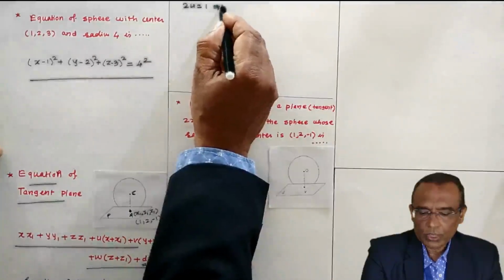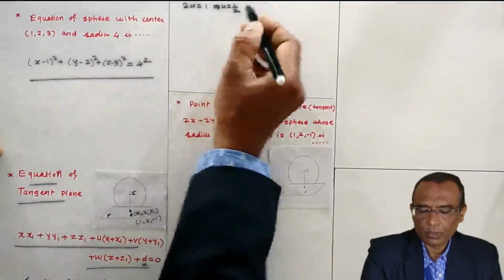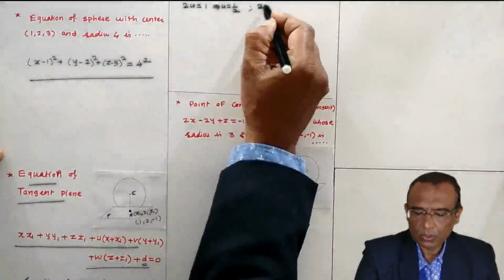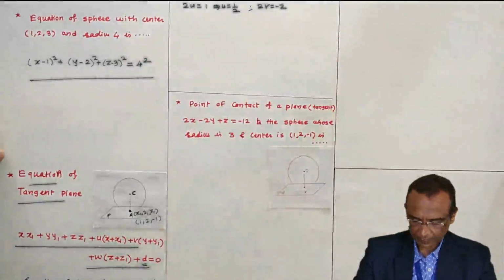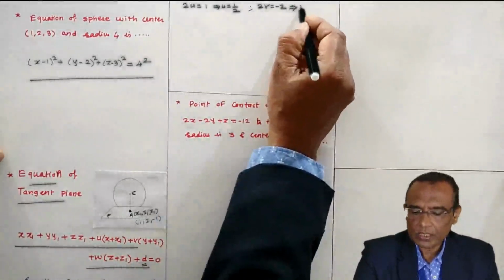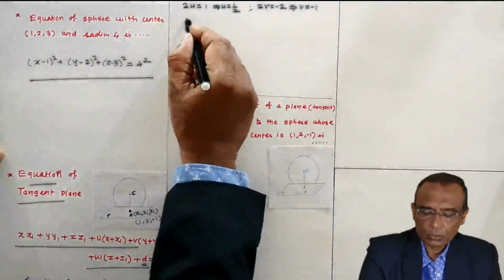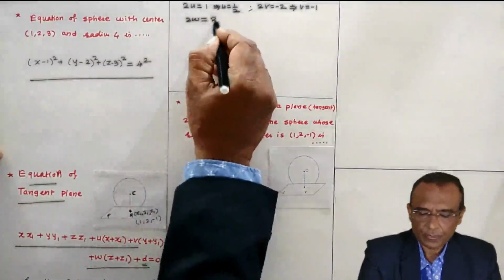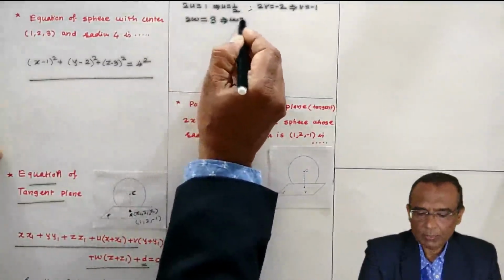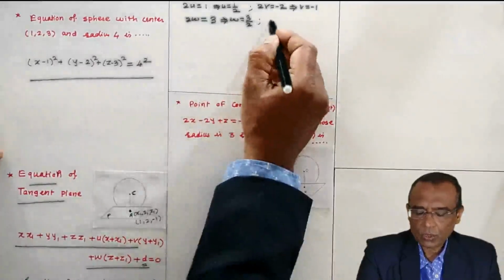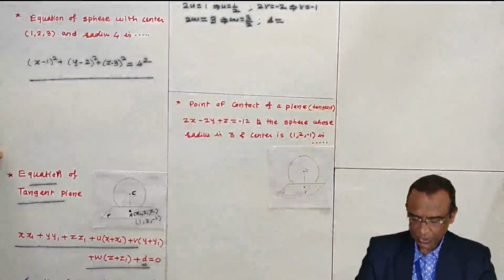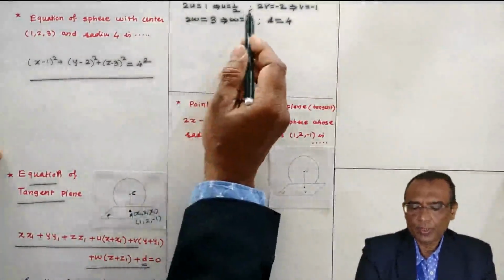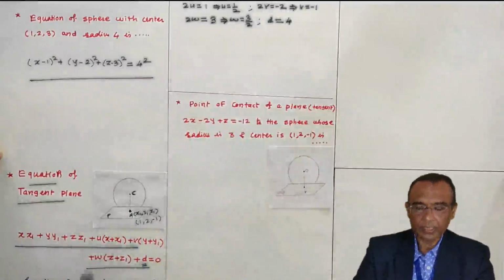Therefore, u is 1 by 2. 2v is the coefficient of y, which is minus 2 here, and the value of v is minus 1. 2w is the coefficient of z in the equation of the sphere, which is 3, and w is 3 by 2. And d is the constant term in the equation of the sphere, which is 4. These values of x1, y1, z1, u, v, w and d get put into this equation.